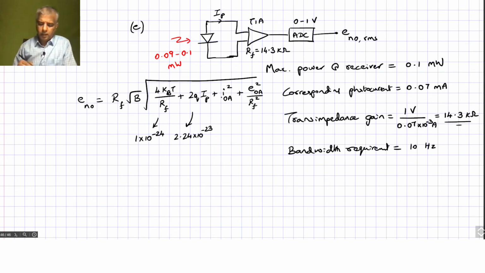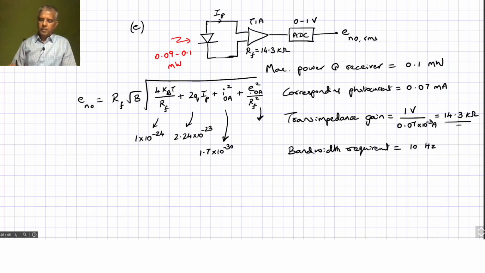And then I_OA, the current noise density provided by the op amp, is in the order of femtoamperes per root hertz. If we evaluate that, it will come to about 1.7 multiplied by 10 to the power minus 30. So that's quite negligible compared to all these other numbers.